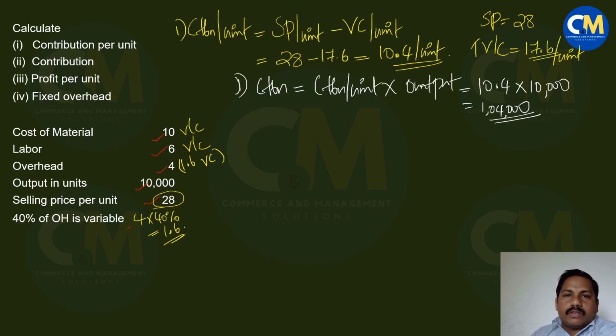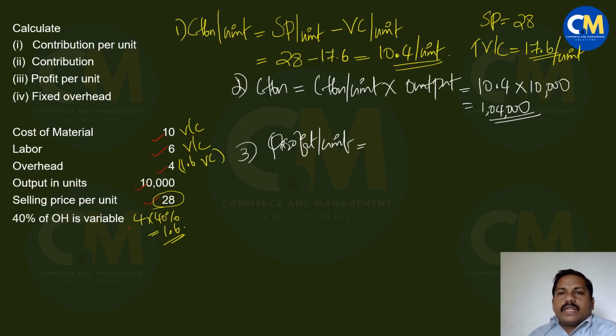The first one we calculated, second one we calculated. Then the third question is calculate profit per unit. That is very easy. We have calculated contribution per unit, that is equal to 10.4 per unit. To calculate profit per unit, we can use the equation, that is contribution per unit minus fixed cost per unit.